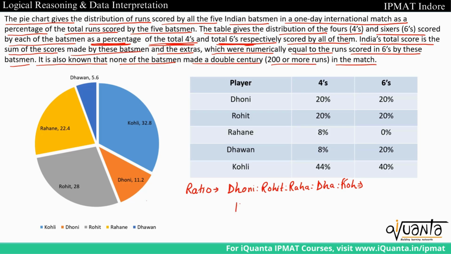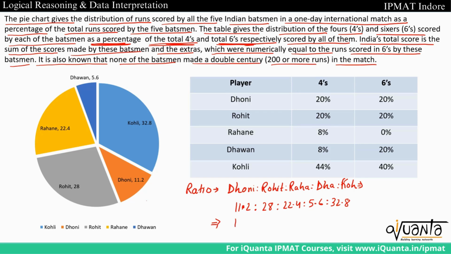Dhoni scored 11.2, Rohit scored 28, Rahane scored 22.4, Dhawan scored 5.6, and Kohli scored 32.8. So all these numbers are divisible by 8. So let me simplify the ratio.